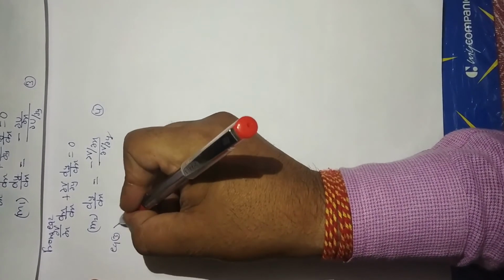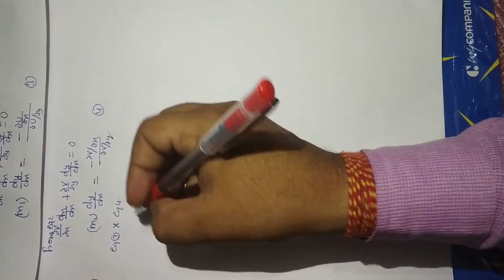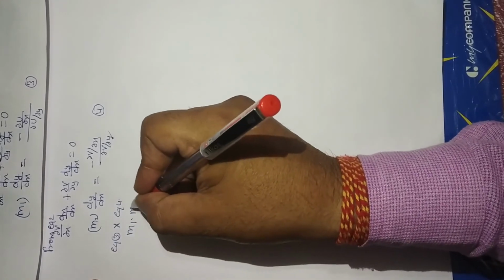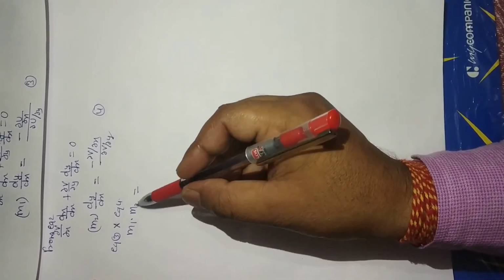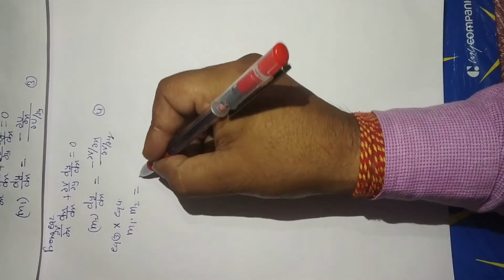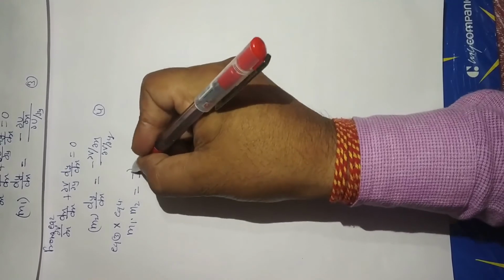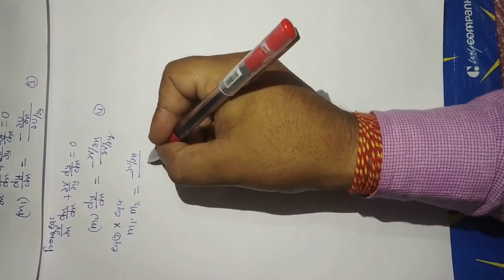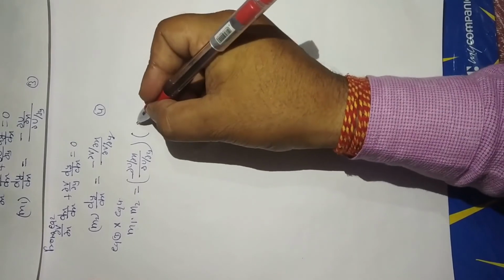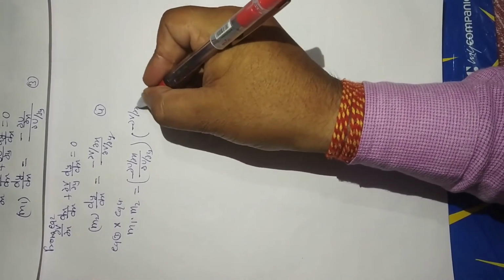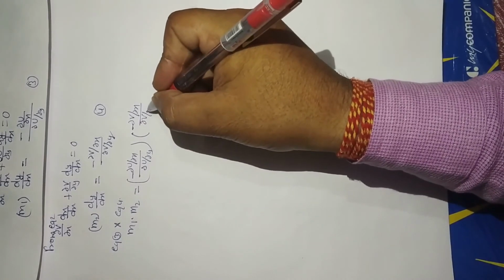Now equation 3 multiplied by equation 4, that is m1 into m2, the slopes of both curves, equals minus del u upon del x upon del u upon del y into minus del v upon del x upon del v upon del y.